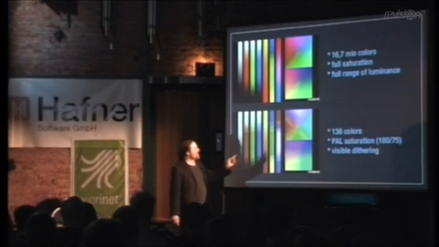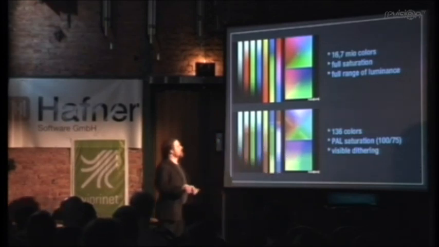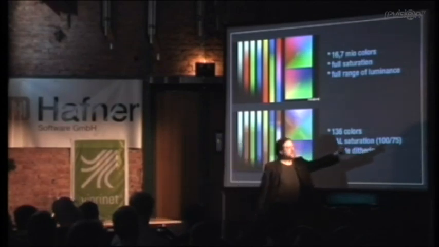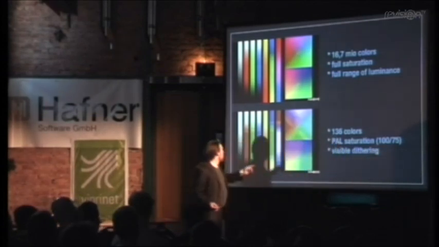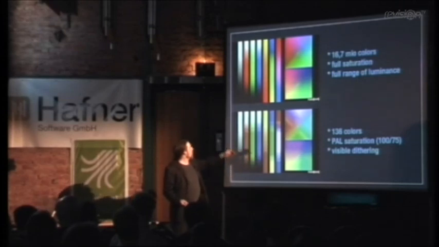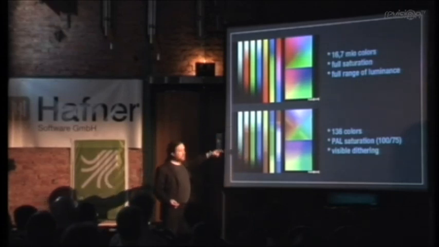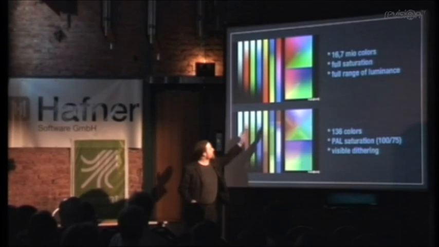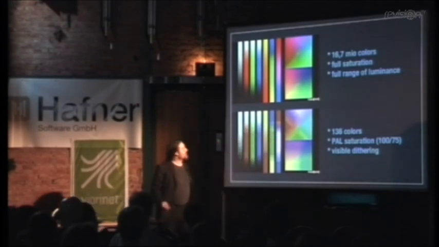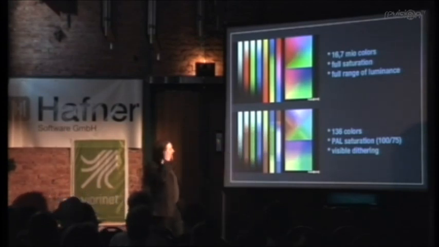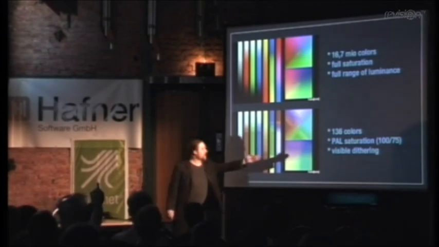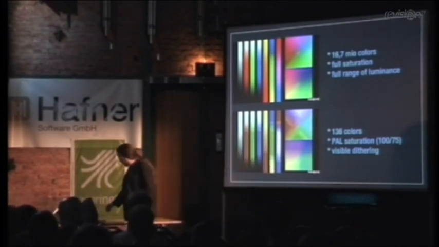We have the PAL saturation, which means we have only 75% of luminance for the PAL colors. We have full luminance on gray colors, but we only have 75% of illumination and saturation for the colors. And we have, as I told before, visible dithering.